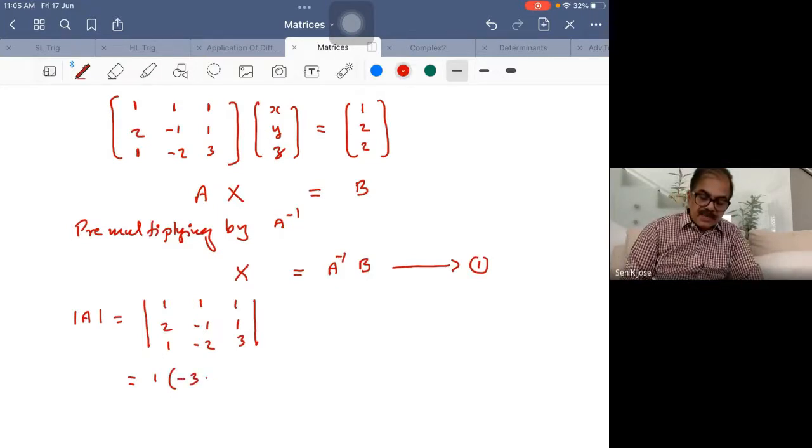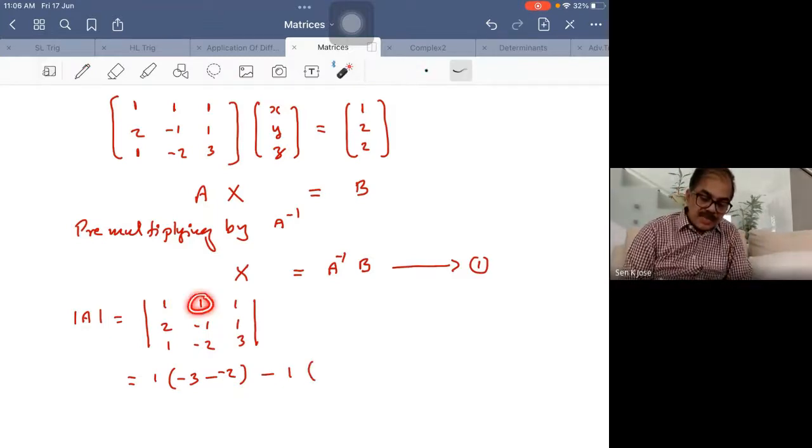Minus 3 minus 2. Minus, the second position sign is minus. 1 into, that's the element, delete the row and column, cross multiply 6 minus 1.